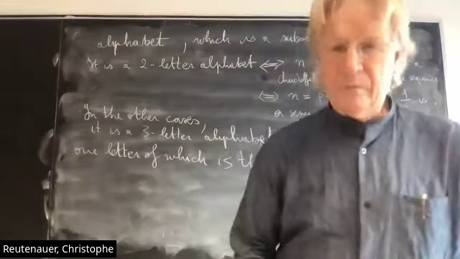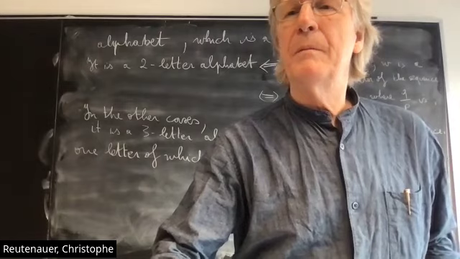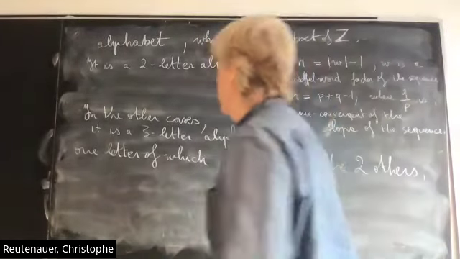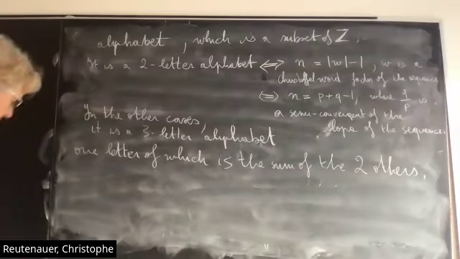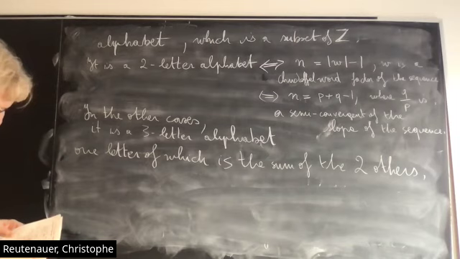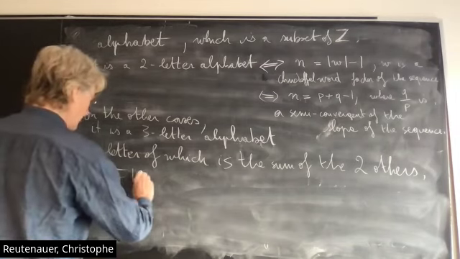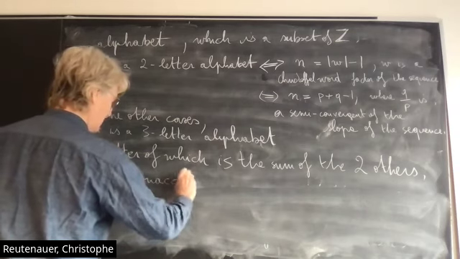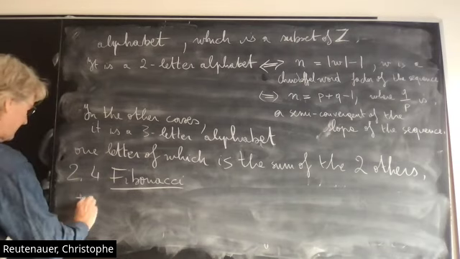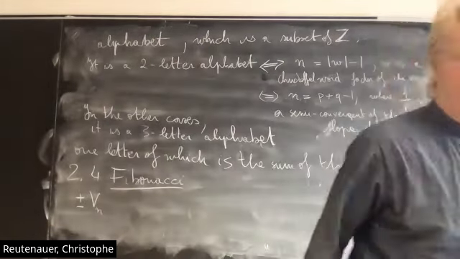And I want to conclude with Fibonacci, which was the original motivation. What happens with Fibonacci? I will not give it, it's a little bit technical. For a Fibonacci word, plus or minus Vn, there's always a problem with the sign.